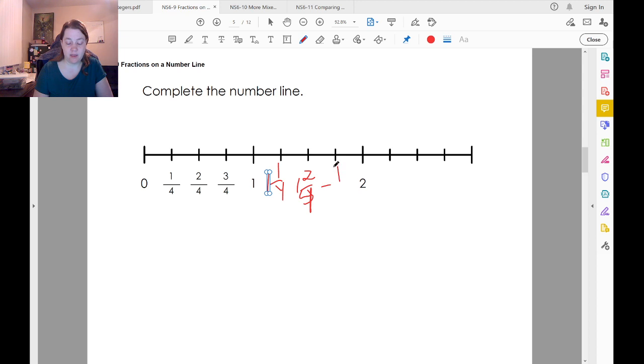1 and 3/4, and you can see how those fit in every time.